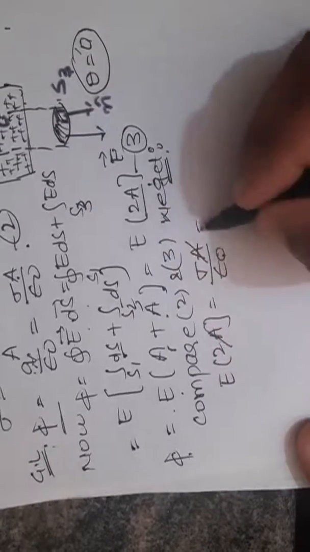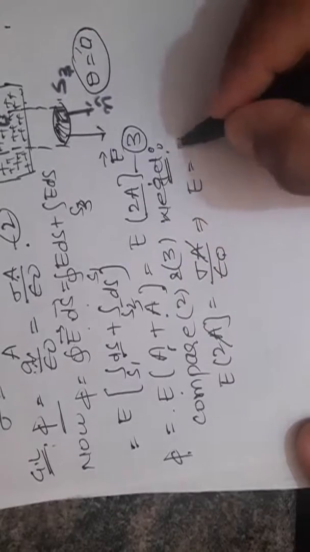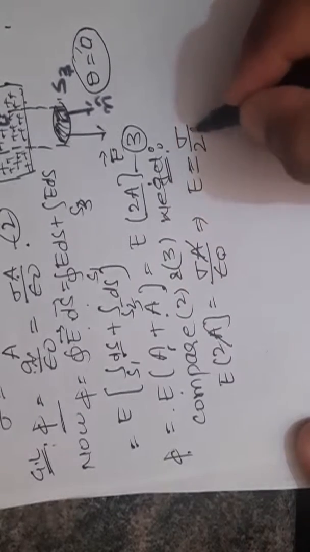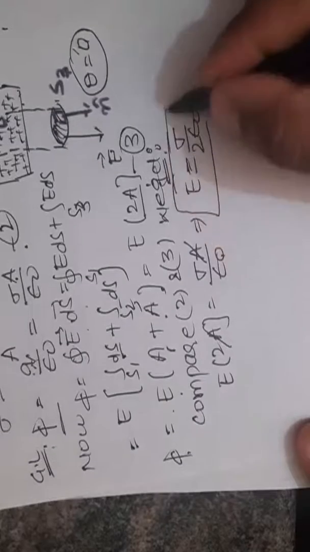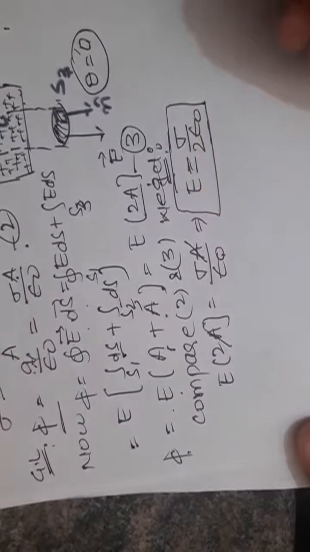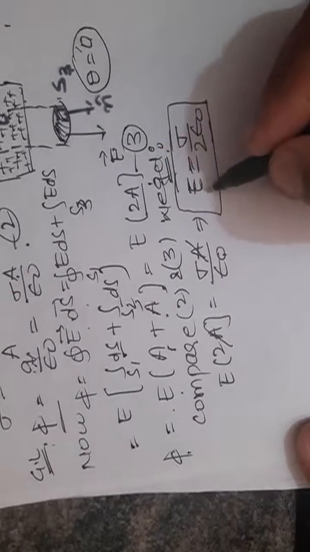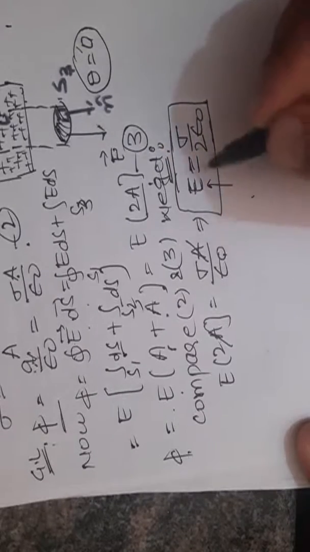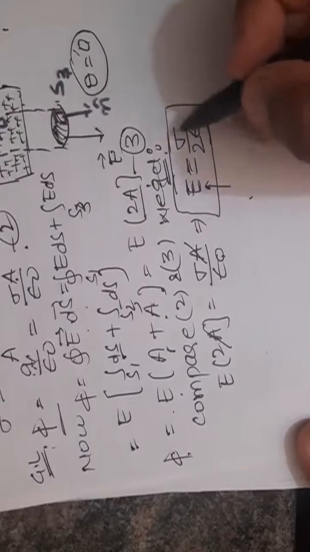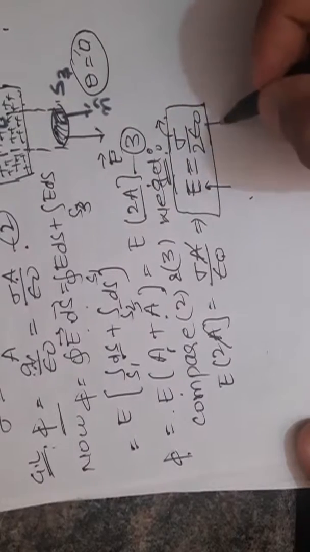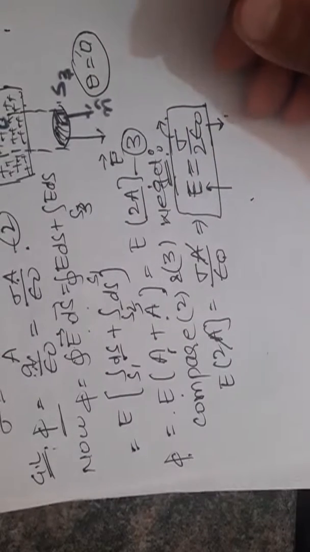A cancels out, so E will be equal to sigma by 2 epsilon naught. What is E? E is the electric field produced by this sheet, sigma is the surface charge density, and epsilon naught is a constant, the absolute permittivity.